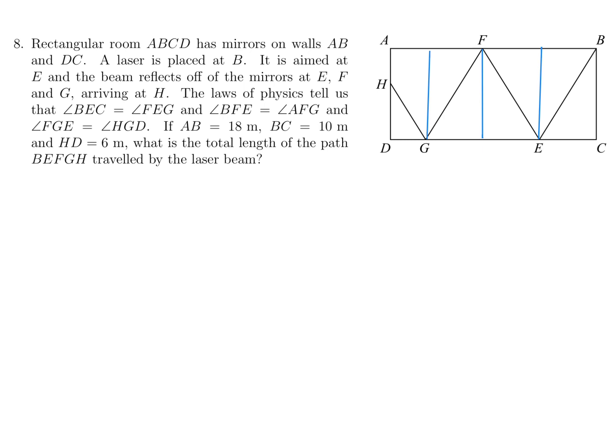BEC is equal to FEG, right? And they've given us that BFE, this angle in here, is equal to AFG, that angle in there. And then FGE, we can call it beta, is equal to HGD, so this beta.